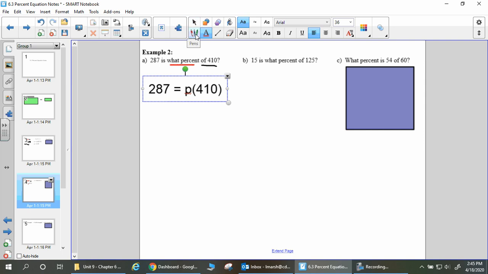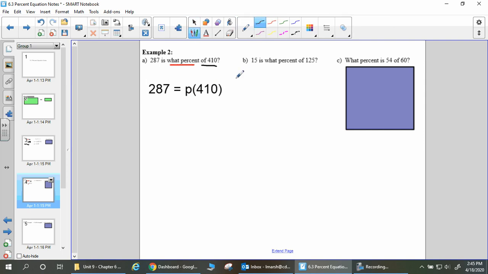In order for me to find letter P, I have to divide both sides by 410, right? We're trying to get P by itself. Right now it's multiplying and the opposite is division. When I divide 287 by 410, I get 0.7, and that's equal to P.